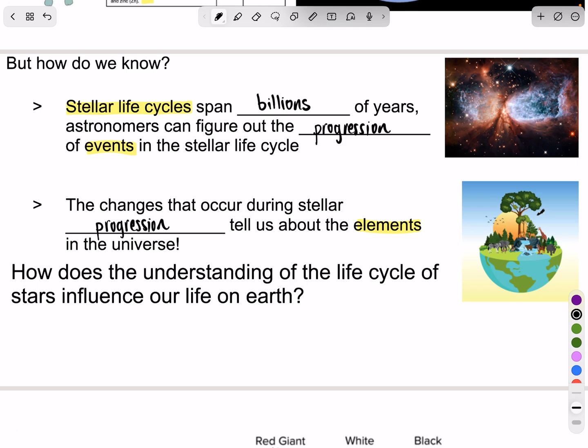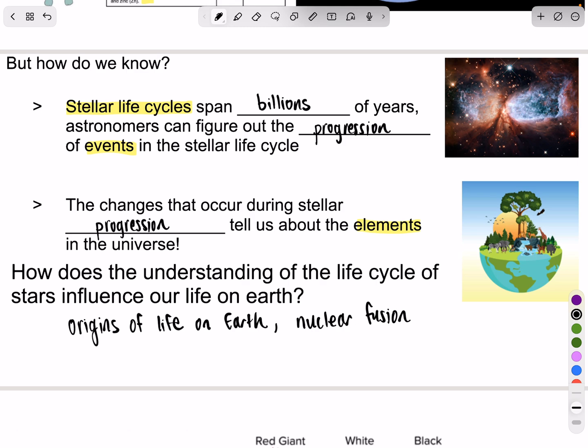Because the life cycle of a star is very fundamental to understanding the origins of life on Earth. And because these stars are the elemental factories of the universe, they are necessary for life, like carbon, oxygen, and iron. They are all forged in something called nuclear fusion. And I'm going to get a little bit deeper into that on the next page.